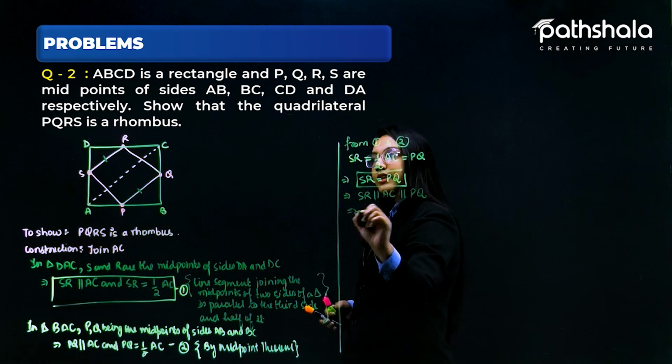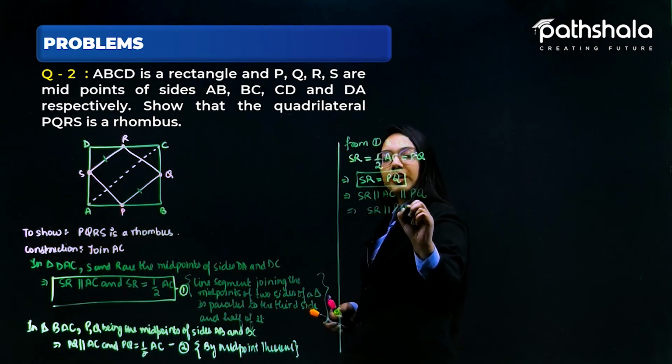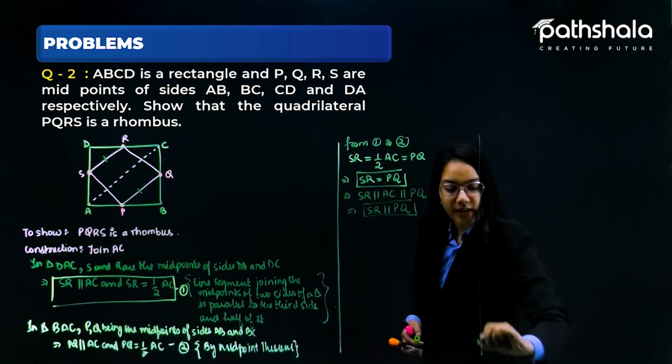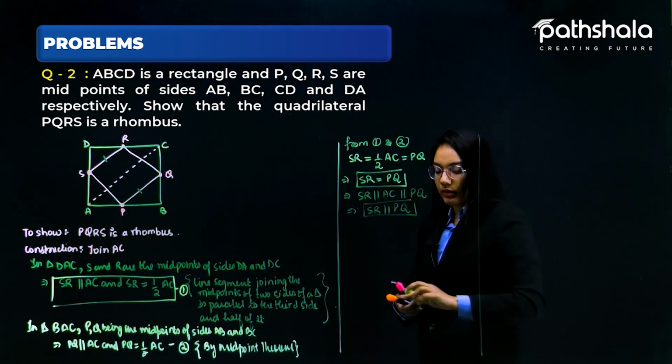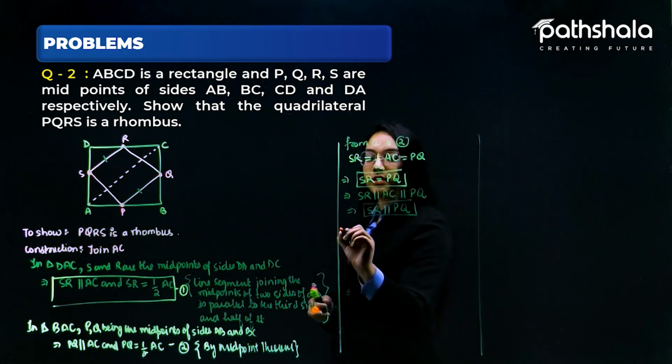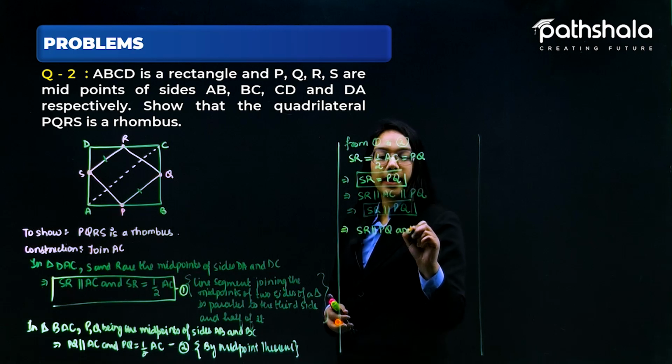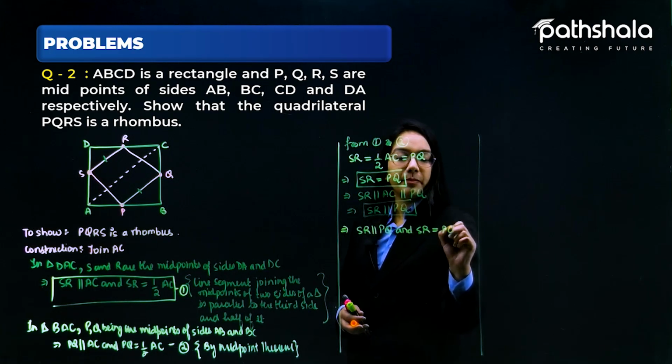So it implies that SR is parallel to PQ. Hence at the end, we have deduced that SR is parallel to PQ and SR is equal to PQ.